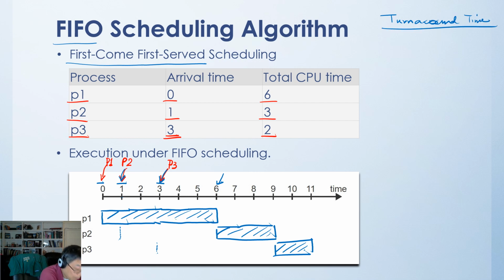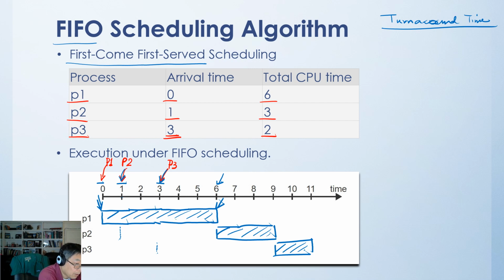The turnaround time basically measures the time between the arrival time and the time the process terminates. So for example, for process 1, the arrival time is here, time 0. And at time 6, process 1 terminates.